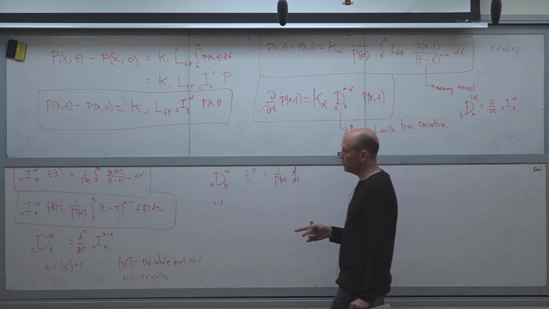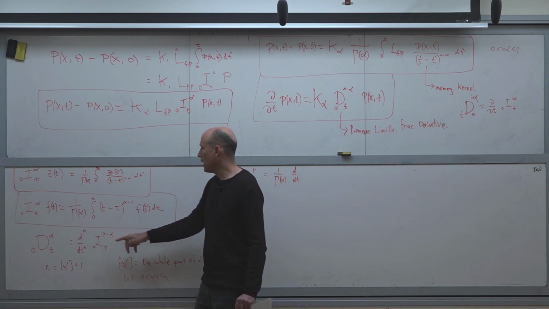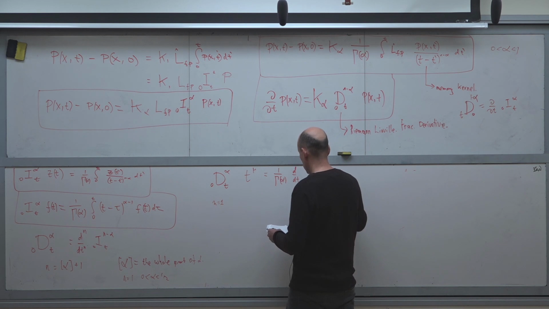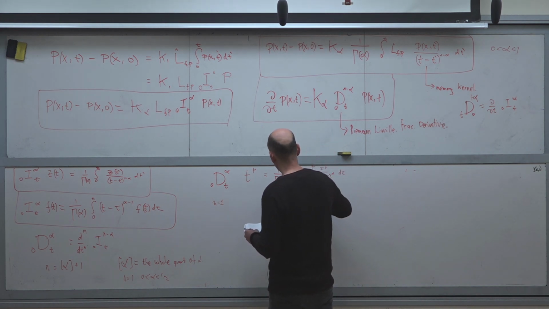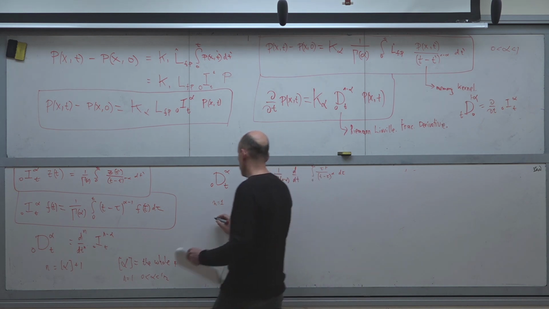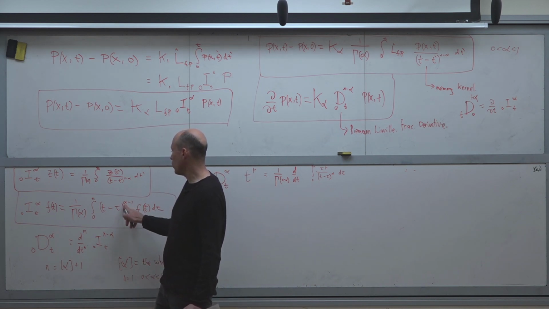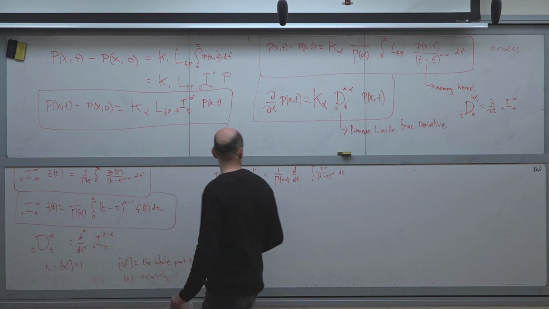And now I have to do the integral from 0 to t of tau to the power mu, t minus tau to the power minus alpha, d tau. This is because you see 1 minus alpha, so I have 1 minus alpha.